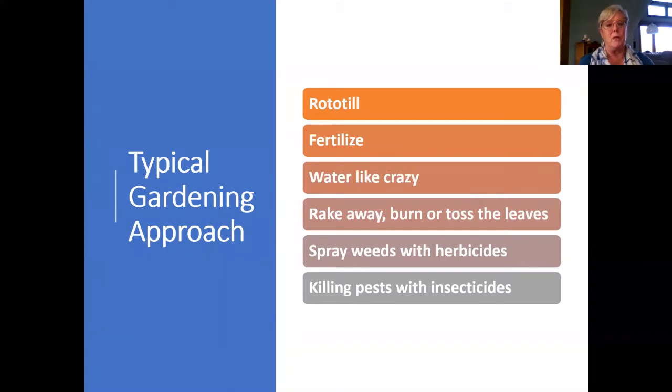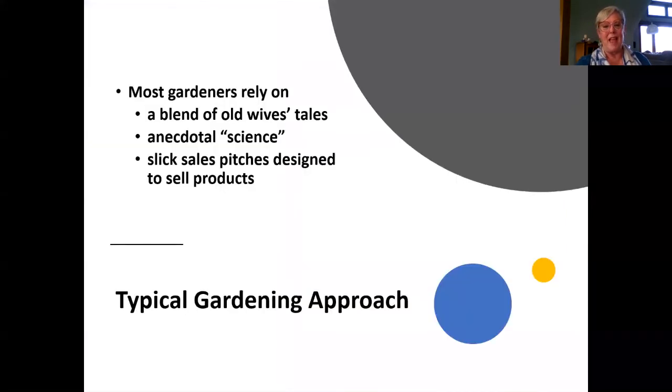Our typical approach to gardening over the last 100 years has been to rototill, fertilize, water like crazy, rake away your leaves, and use herbicides and pesticides to kill whatever seems to be eating our plants. That has been the traditional approach.